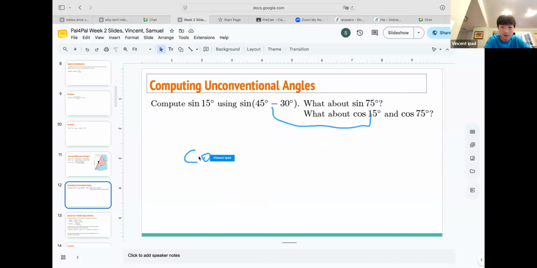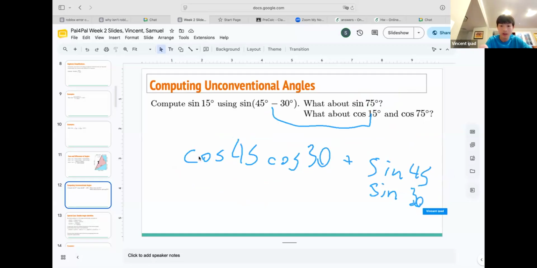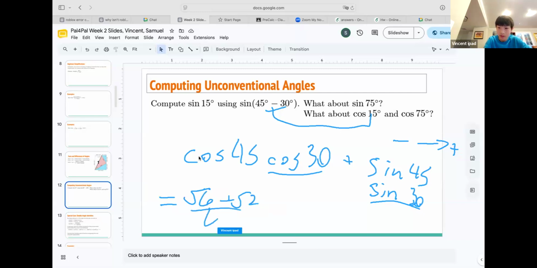So you can do cos 45 cos 30 plus sine 45 sine 30 because there's a minus. It's negative 30, so cosine negative 30 is cos 30. Sine negative 30 is negative sine 30, so the minus sign turns into a plus sign. So this is going to be equal to, eventually you'll get root 6 plus root 2 over 4. The last one, you just change the sign here and you get root 6 minus root 2 over 4.